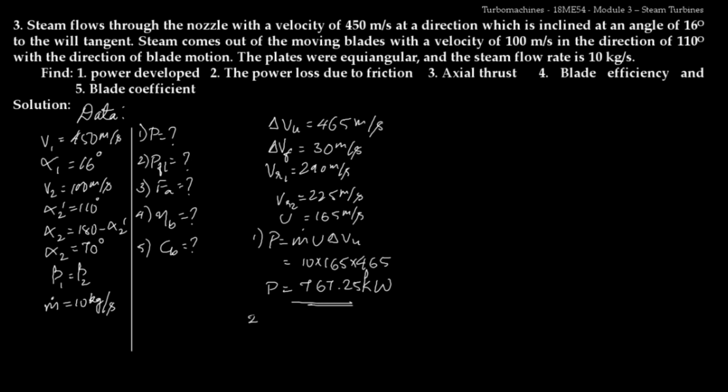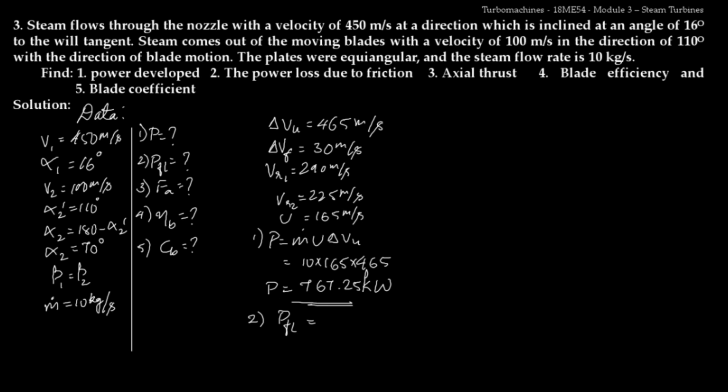Now we need to find out the power loss due to friction, PFL. Here we encounter the friction, and that results in the reduction in the relative velocity from inlet to outlet. So to find out the power loss due to friction, we have to use that.